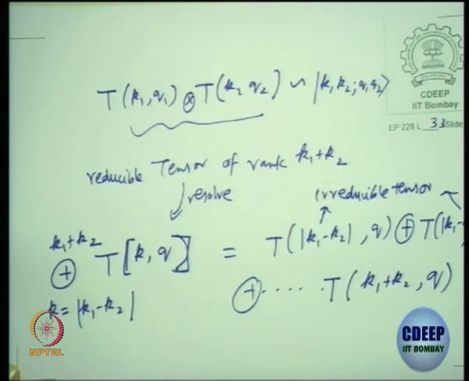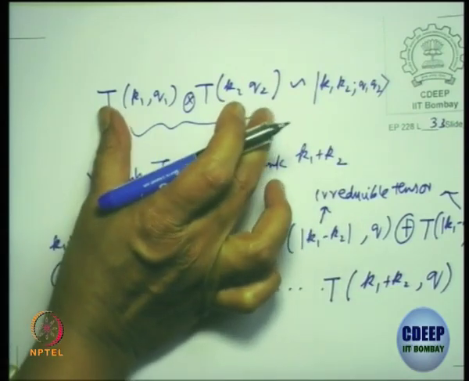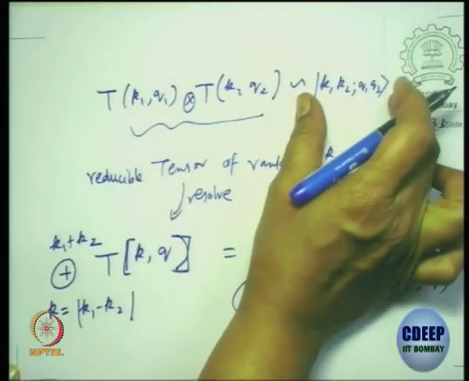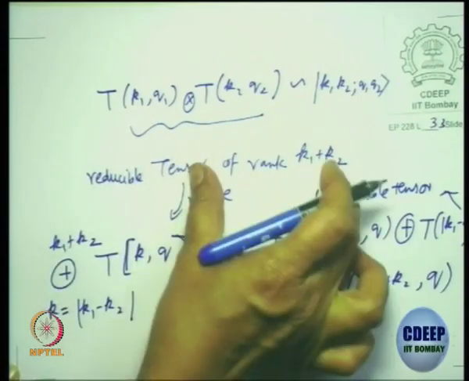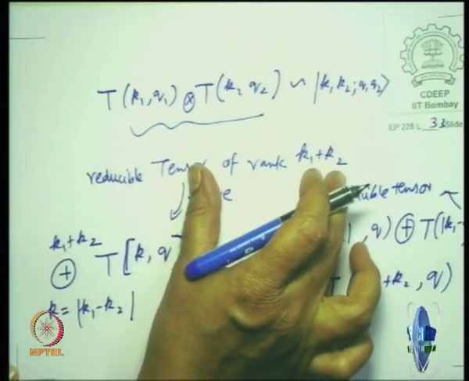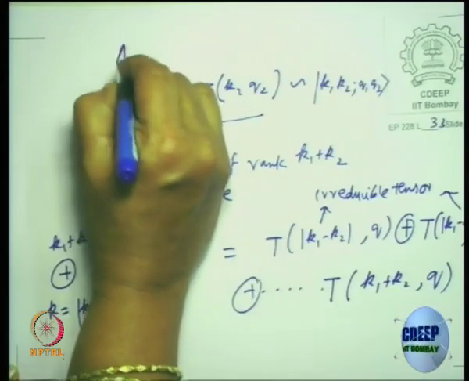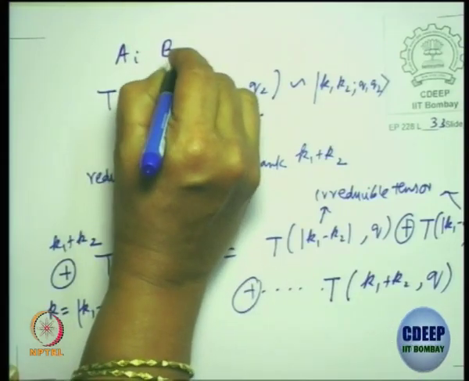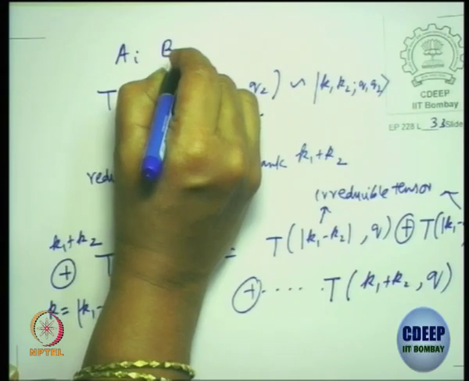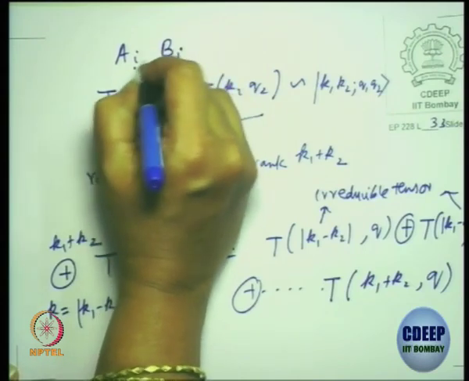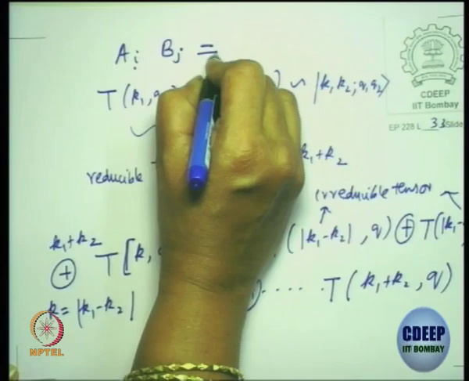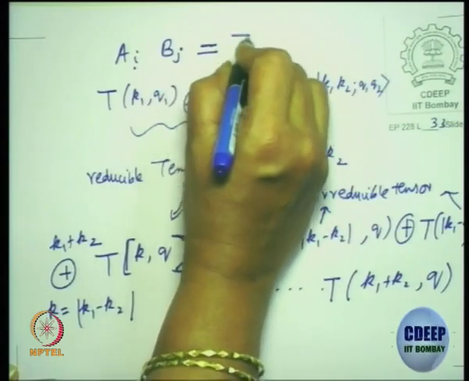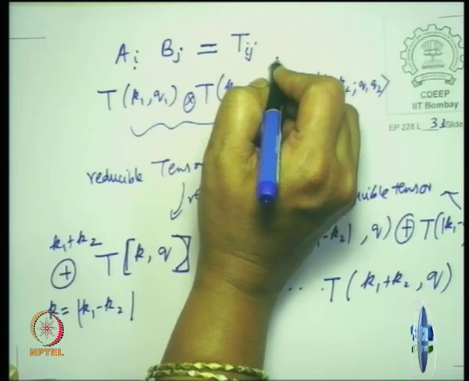So this piece, when I just take a product like an uncoupled state, it's considered to be a reducible tensor. This is exactly what we did. We took an A_i and a B_j. This was rank 1, a vector A_i and a vector B_j, the components. And then I wrote formally this as some tensor of rank 2.